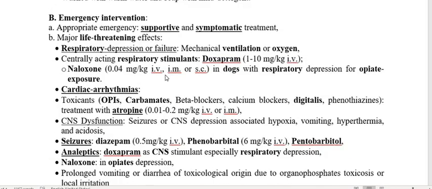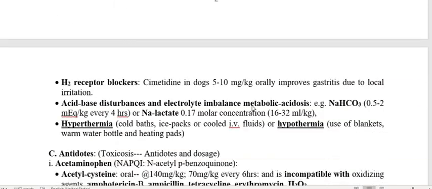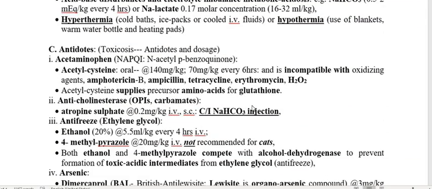If there is CNS depression, cardiac arrhythmia, seizures, or opioid toxicity, then by looking at the symptoms, we give the treatment. But if you find that the toxicity is because of a particular toxicant, then you give a particular drug that is used for the treatment of that particular poison.